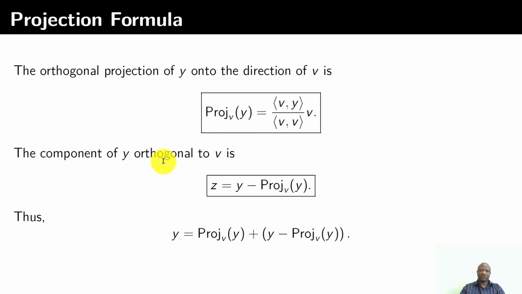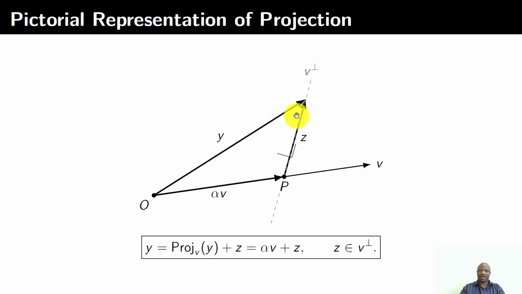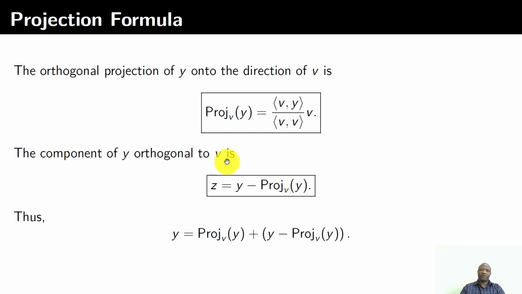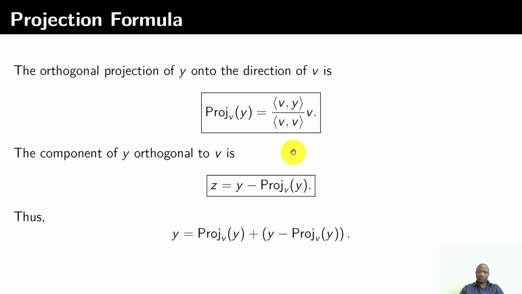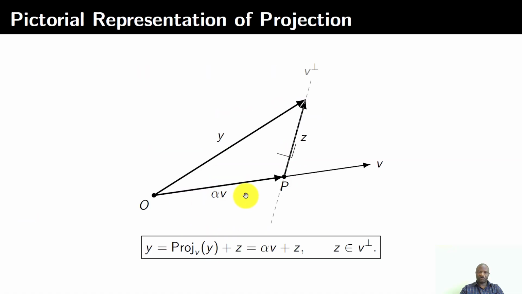You say the component of y orthogonal to v is this vector z, which could be written as, from here you can see, the projection plus z equal to y.